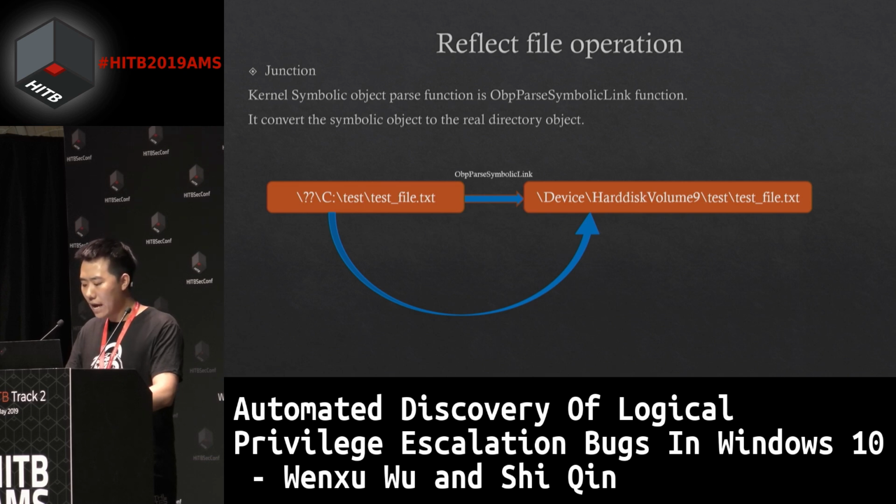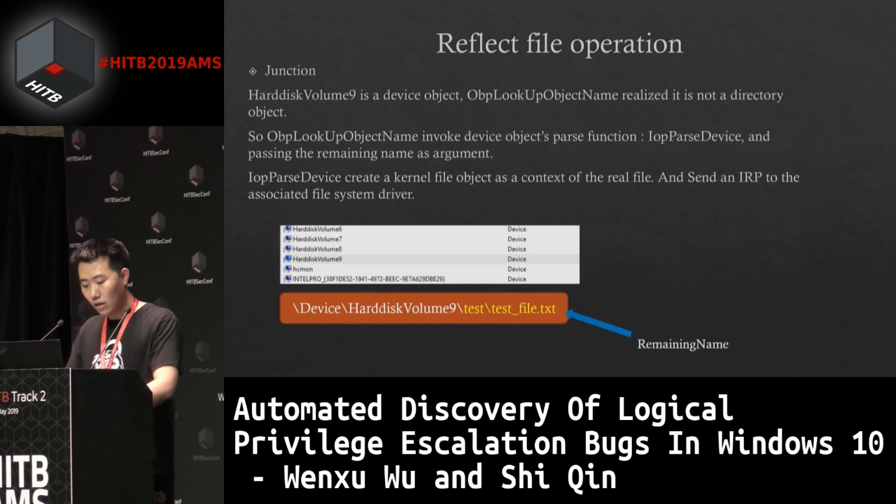Now, the file path is \Device\HarddiskVolume9\test\file. HarddiskVolume9 is a kernel device object. ObpLookupObjectName realizes it is not a directory object.